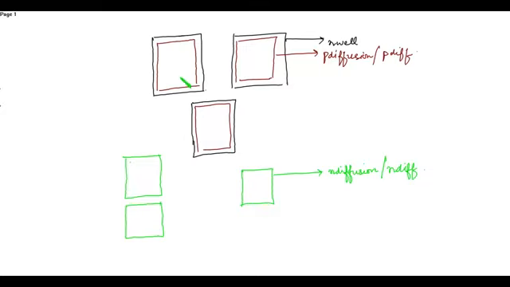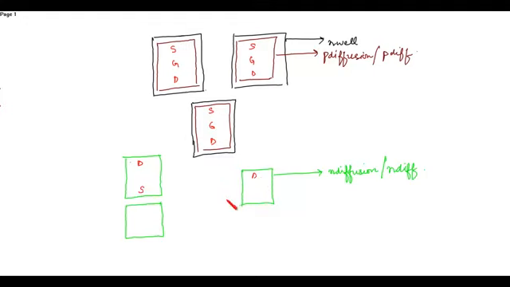Then we know this is the PMOS and this is the NMOS. If you want, then you can label it. This is the source, gate and drain. And over here, these two will be drain.